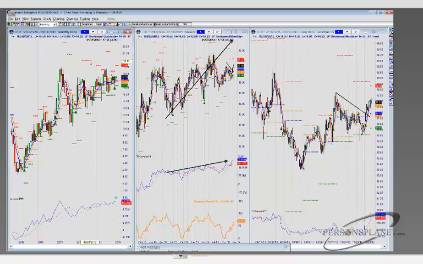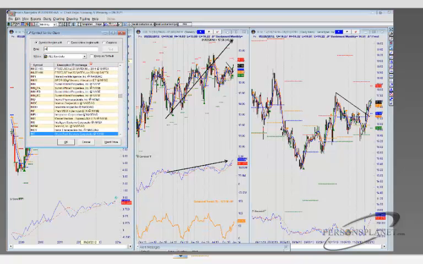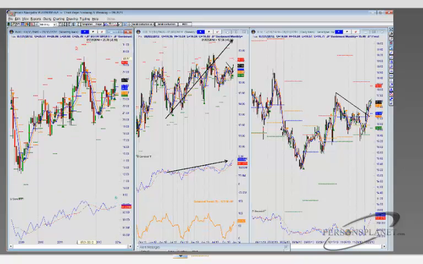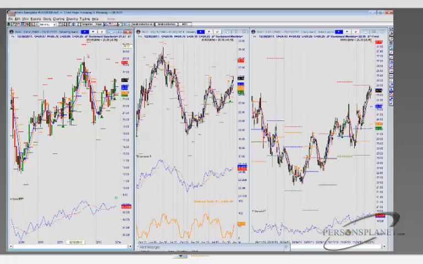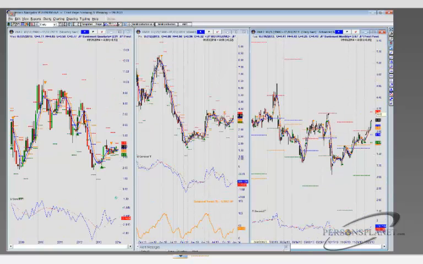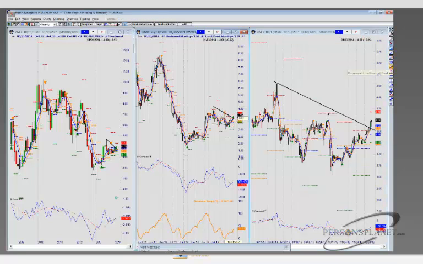And when I take a look at names in this space, I also want to say, well, how do other names look? I guess the more popular name would be Intel. AMD is another chip manufacturer. And those names are starting to come alive as well. Folks, if you take a look at a potential flag formation, here it is, right?